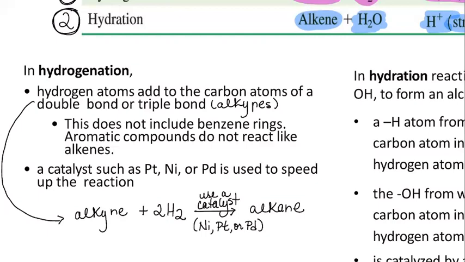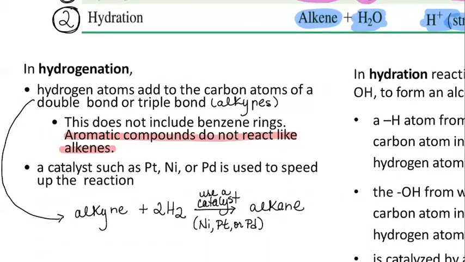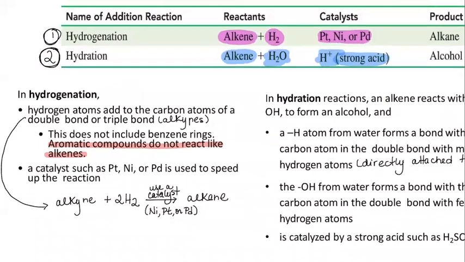Now, let's understand, even though we haven't done a lot of naming when it comes to benzene rings, in other words, arene functional groups, that specifically aromatic compounds do not react like alkenes. So under the conditions of hydrogenation or hydration, you are not going to make any changes to arene, okay?